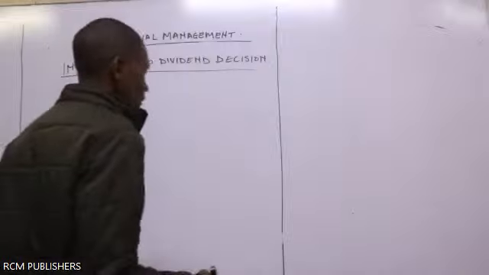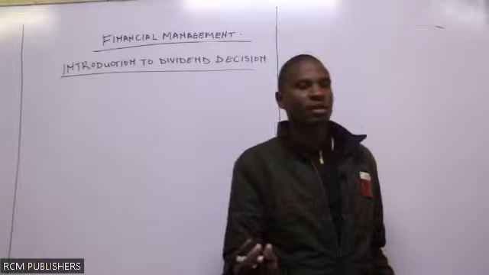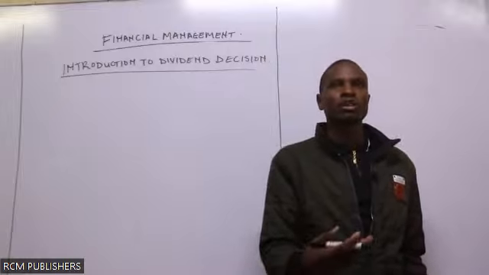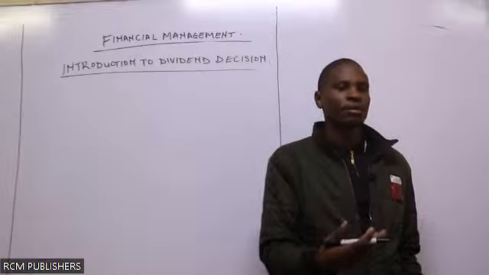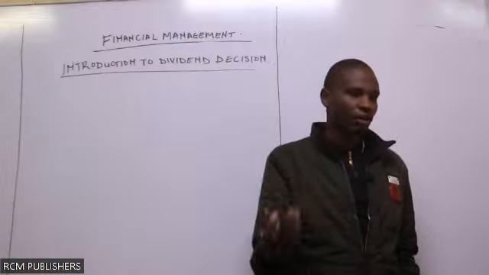So dividend, as usual, you know that a company or SACCOs should pay dividend to their shareholders. The shareholder must get dividend at the end of the period.